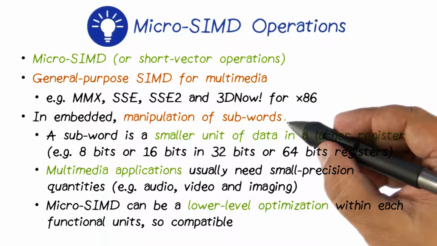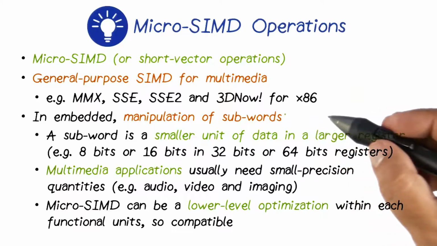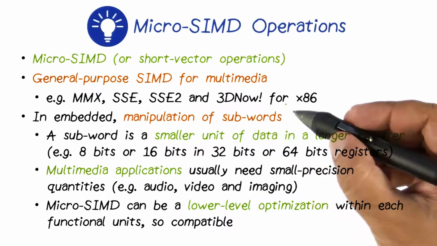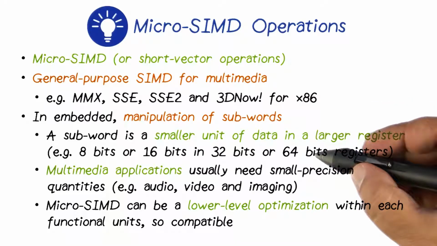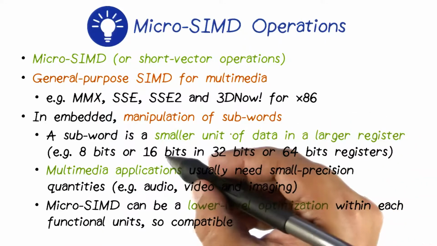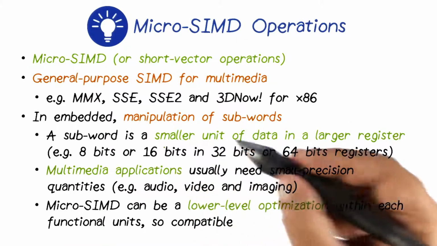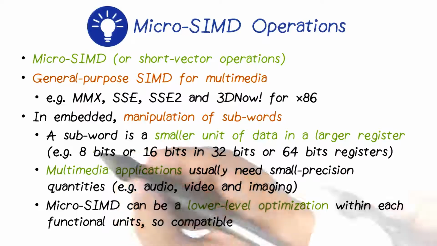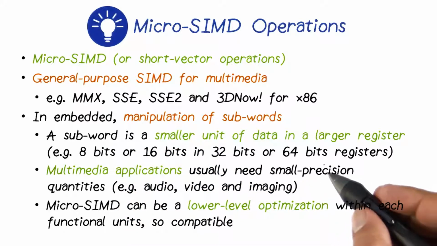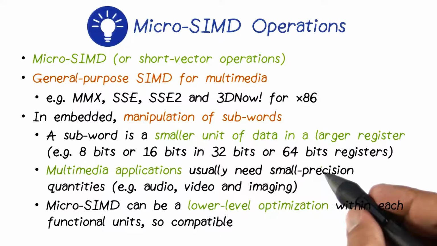In the embedded world, the manipulation of subwords is even more important, and not only are the subwords there, they are also configurable many times. So for example, one could take a 64-bit long word and configure it as 2 32-bit words, or 4 16-bit words, or 8 8-bit words. This is to support different types of application requirements which vary in terms of precision and representation.